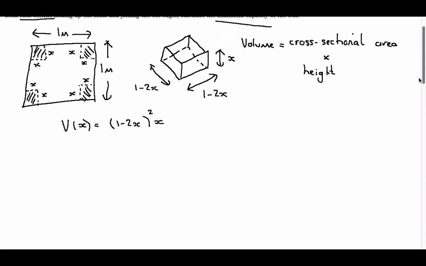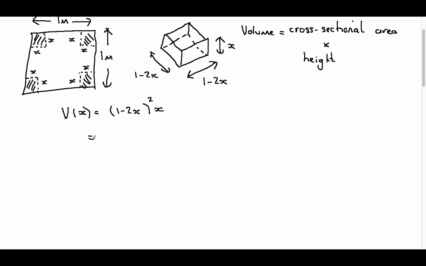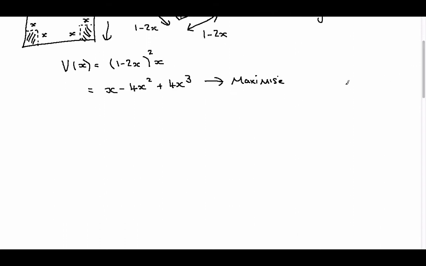Now what we do is expand out these brackets, and on doing so we'll get x minus 4x squared plus 4x cubed. Now this gives us our volume as a function of x, and this is a function that we want to maximize. So we know to find the maximum of a function we need to do dV/dx equals 0.